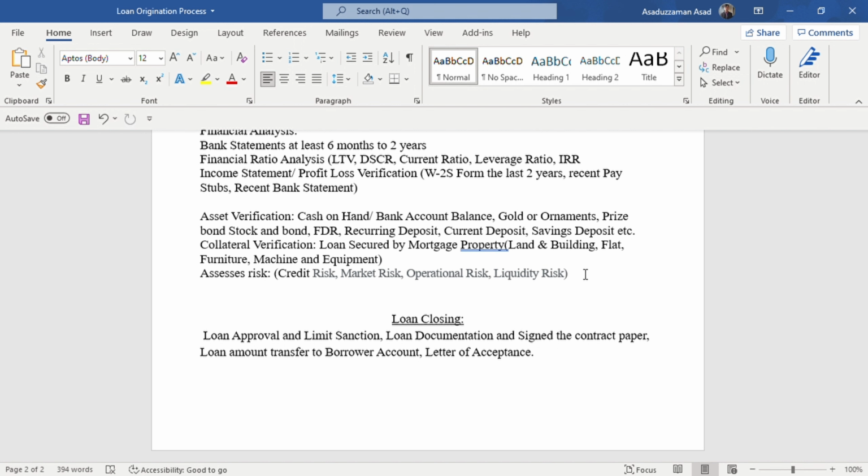The loan officer will take the proper documentation and have to complete the whole documentation procedure with proper stamping.